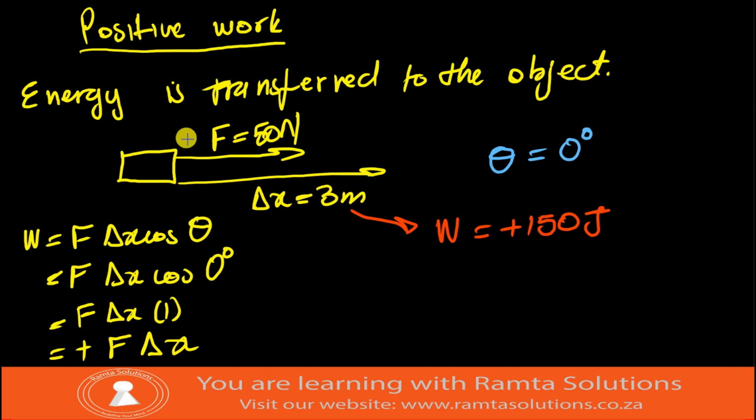So when positive work is done, energy is transferred to the object. Remember, for positive work to be done, the force must act in the same direction as the displacement.